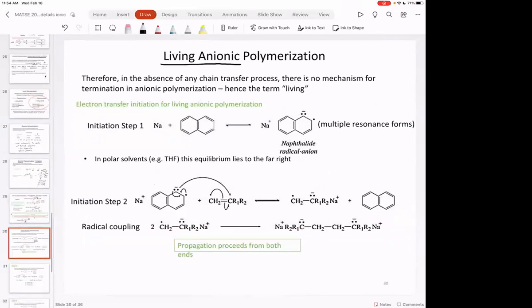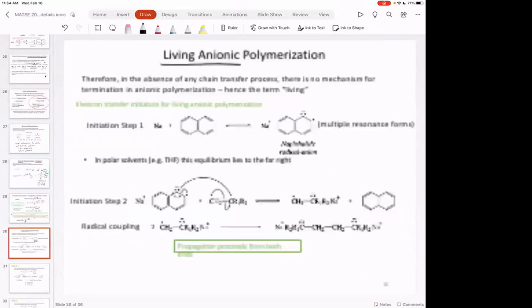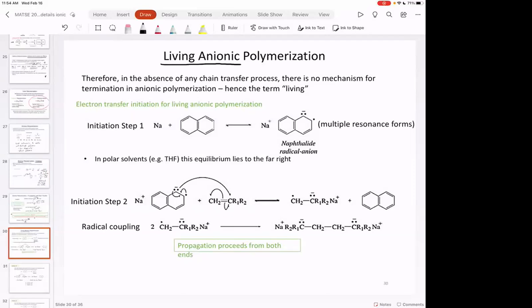And so this initiation right here is not necessarily living, because you can have a lot of chain transfer back to your initiator. But in the scientific literature, there's been a lot of study of living initiators. And this is a complicated initiation scheme. You're not going to be responsible for pushing all the arrows here.